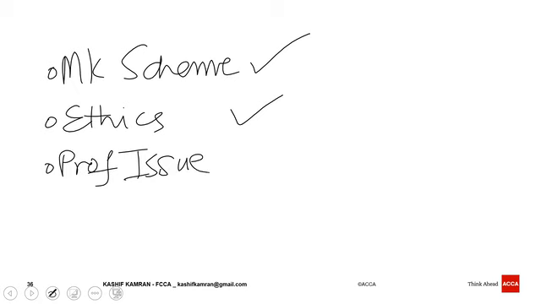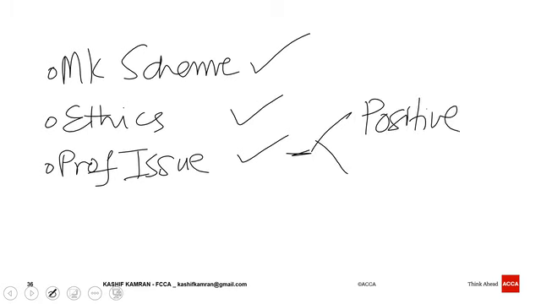And will you read articles for broadening your knowledge? Okay, that's good enough. So let's take one last thing. You're good on marking schemes, you know the ethics, you know the professional issues, and professional issues being both positive and being negative, and you know how to deal with them, right?